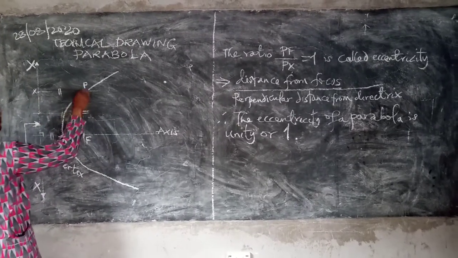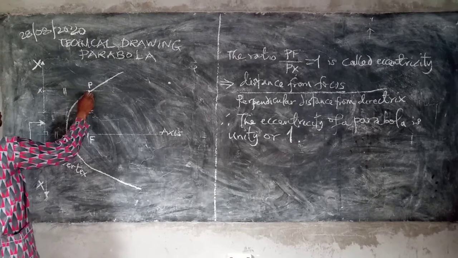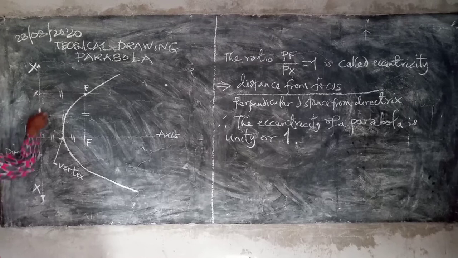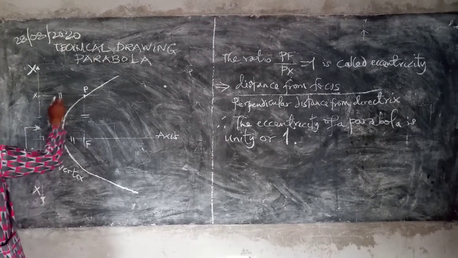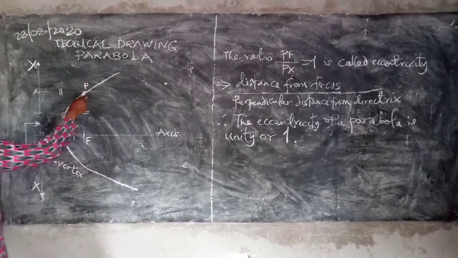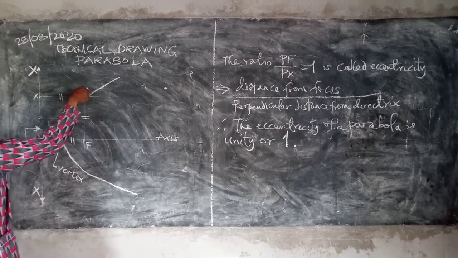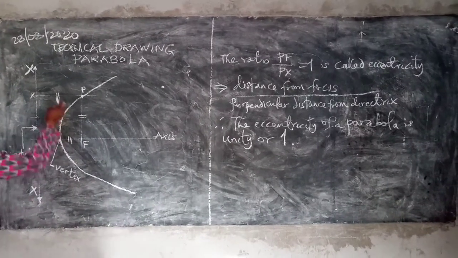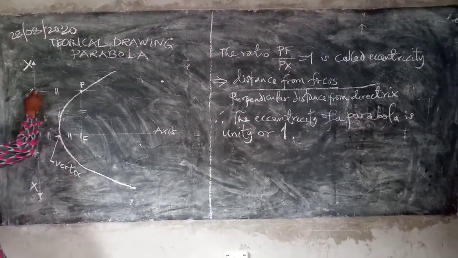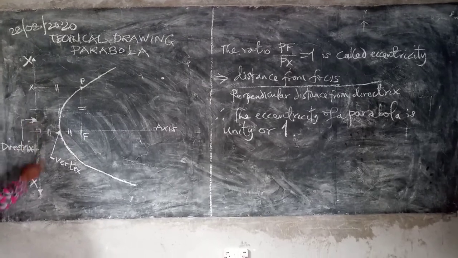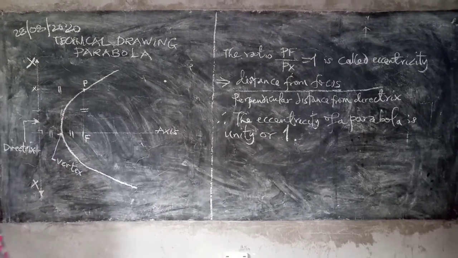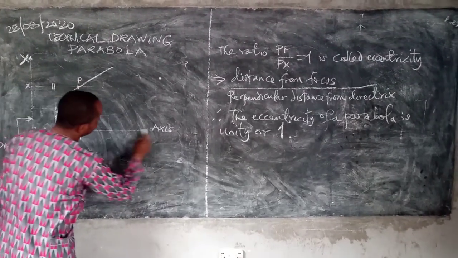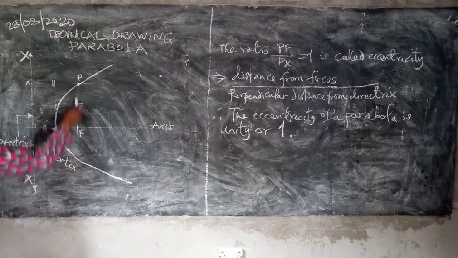Now, what we're trying to say is that at this point here, if I draw a line at 90 degrees to touch the directrix, that distance will equal the distance from this point to the axis. What am I trying to say? If from this point perpendicularly to the directrix is 50, then from this point to the axis perpendicularly will also be 50.